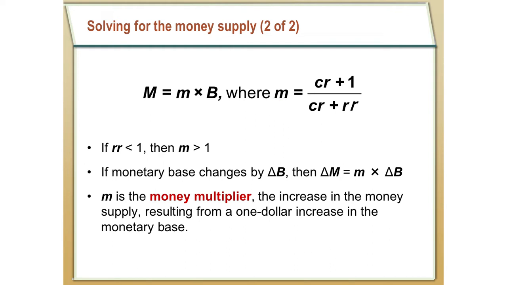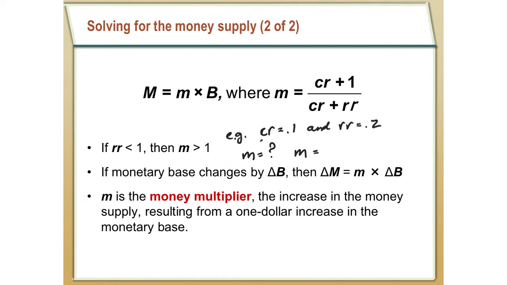Just to do a quick example, let's suppose that the currency deposit ratio is 0.1 and the reserve deposit ratio is 0.2. In other words, consumers want to hold 10% of their deposits as currency, and the banks want to hold 20% of their deposits as reserves. If that's the case, what is the money multiplier, little m?